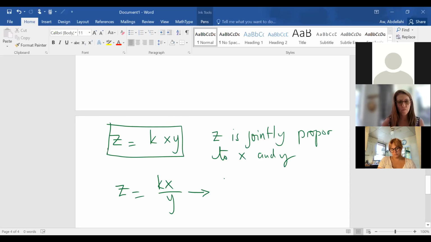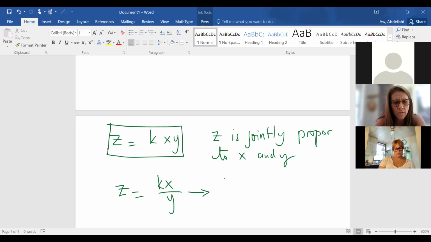What can we say here about the variables z, x, y? The k is a number, right? K is a known number. So would it be inversely proportional then?